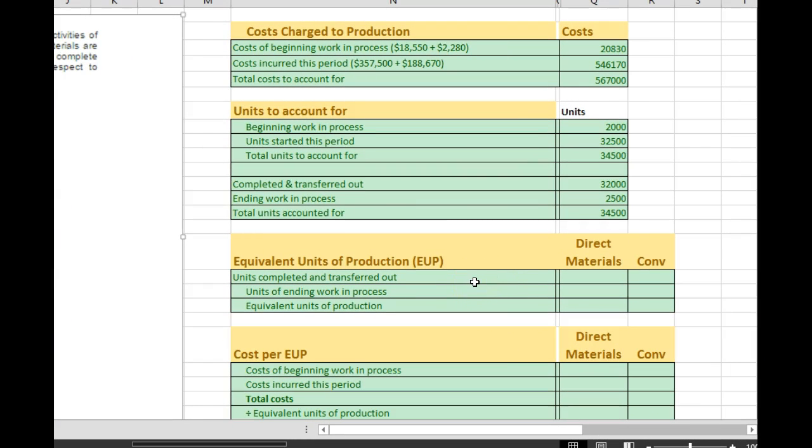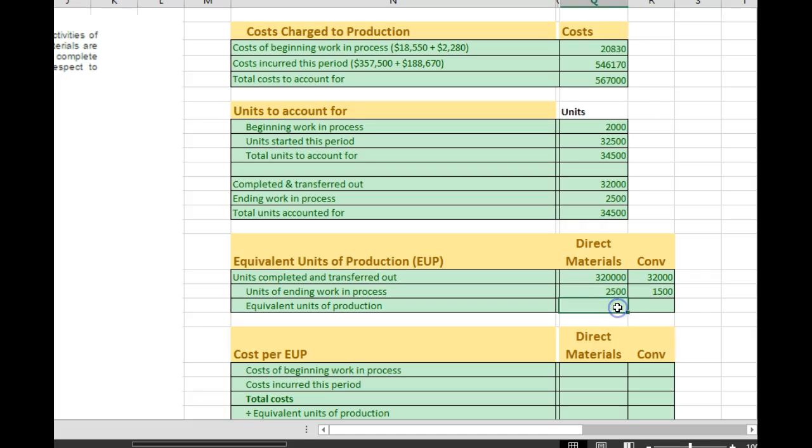So equivalent units, completed and transferred. Well, it tells you that right here. Units transferred out, 32,000. So we have 32,000. Now you're working with units, not cost. And 32,000 in conversion. So the ending work in process, it says, are 2,500 equivalent units and 1,500 equivalent units.